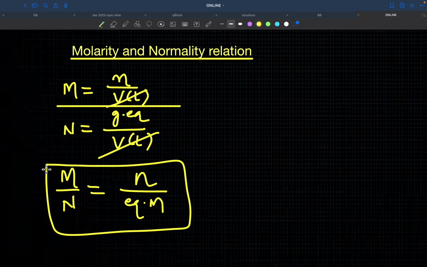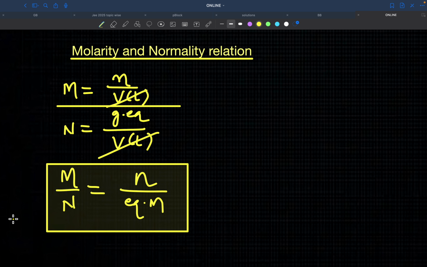So this is the relation. Or we can also write normality equal to equivalent mass by molar mass.